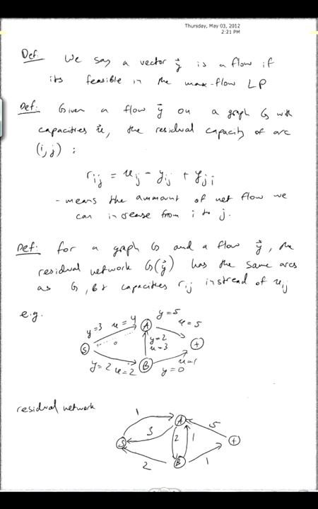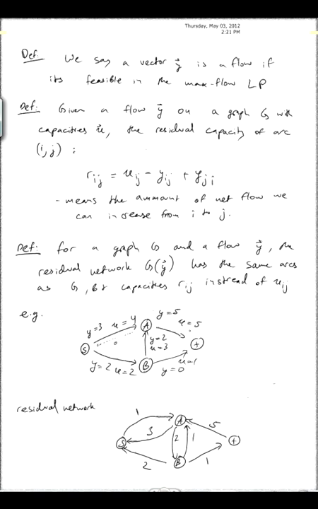Well, I can't send any more trucks down here to B because this arc is already maxed out. So my only option is to send more trucks out of the top here. But if I send a truck out of the top, I can't send it all the way to T because this arc here is maxed out. So just by looking at this, you might say, okay, there's no other way to send a truck from S to T. But that's actually not the case.